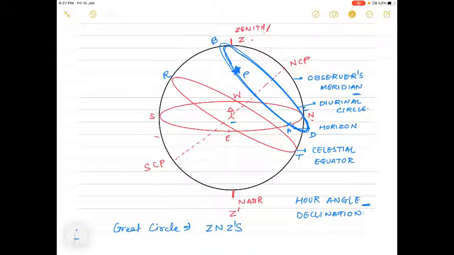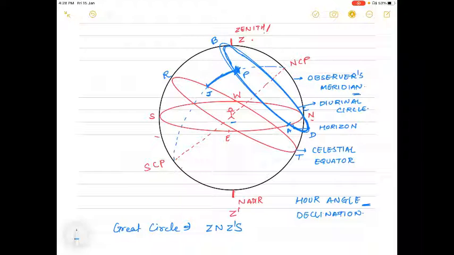To find the right ascension, we draw a great circle passing through the north celestial pole, the star P and the south celestial pole. Now this great circle intersects the celestial equator at a point I denote as J.